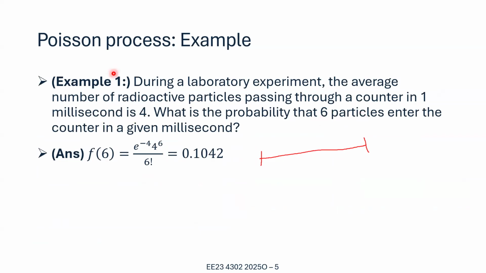In this case, the average number is 4. So in 0 to 1 millisecond, the average number of radioactive particles is 4. No, I mean the total is 4.